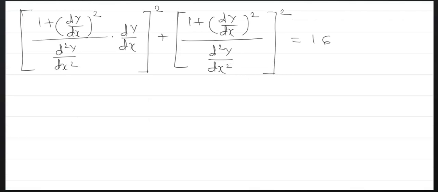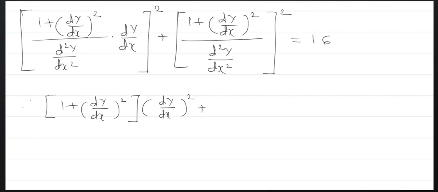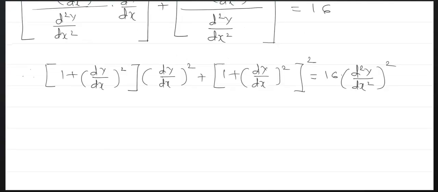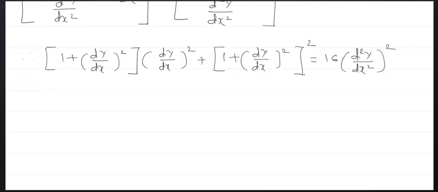Simplify this. (1 plus (dy by dx) square) into (dy by dx) square plus (1 plus (dy by dx) square) whole square is equal to 16 into (d2y by dx square) whole square. Therefore, the order of the differential equation is clearly 2.